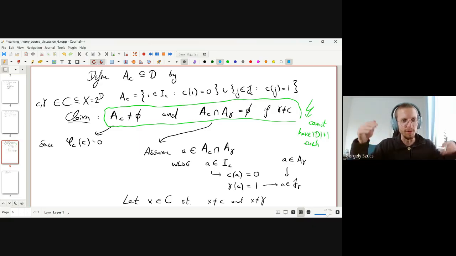Basically, the idea is you cannot squeeze in enough of these because of the limitation in the size of D. But I think this is a particularly clean way of saying that, by defining this A sub C, which are the things that make a specific one false, and showing that these need to be disjoint from each other.